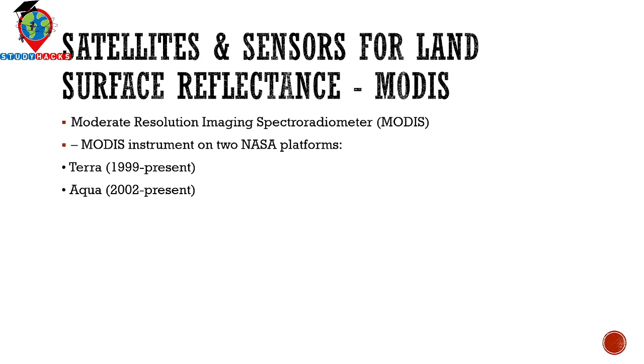Another is Aqua, which starts from 2002 and is available to the present time. These are the two platforms. And the spatial resolution is 250 meter; we can get 500 meter as well as 1 kilometer. So this is the spatial resolution of MODIS Terra and Aqua for land surface reflectance.